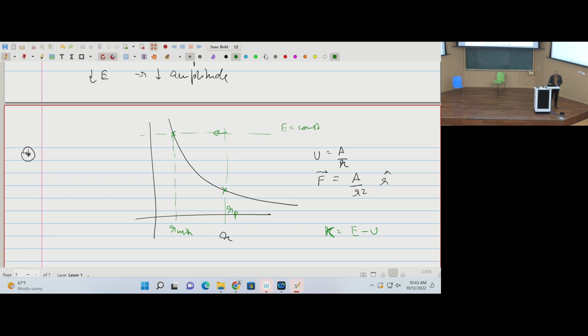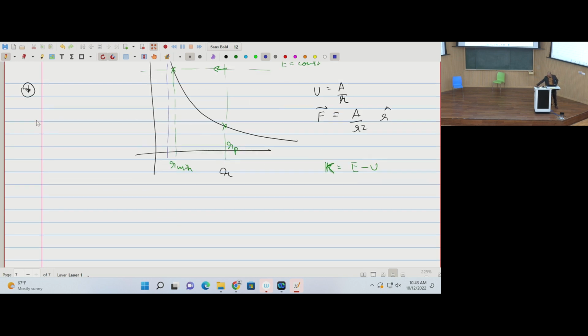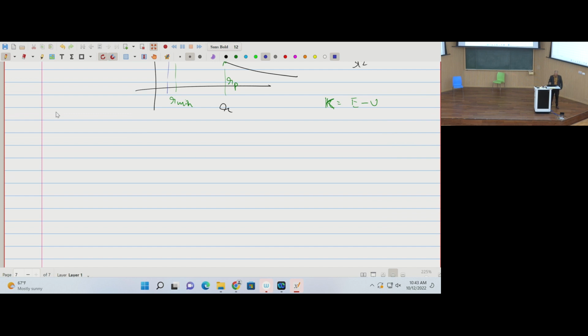If you had this much energy, it would have reached this point, a different R min. So I can say that there is collision between the particles, but the distance of collision depends on the initial energy of my system. Good.